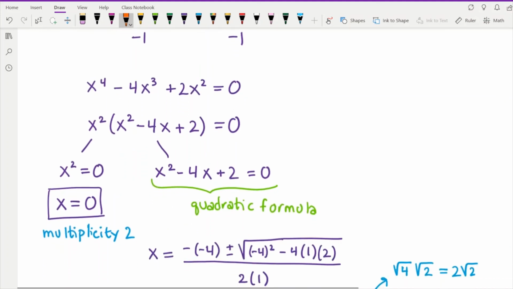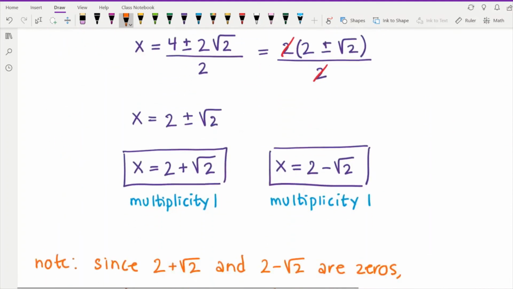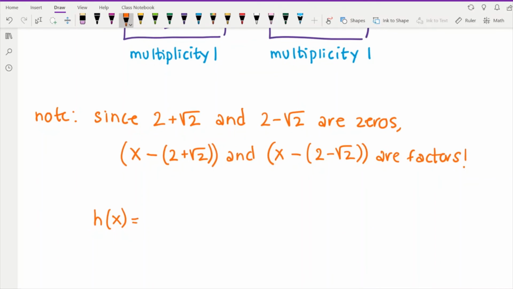So our first factor would be -x squared. And then for these two factors, I'm just going to distribute the negative sign in both of them. So this next factor would be x minus 2 minus square root of 2, and this next factor here would be x minus 2 plus square root of 2.